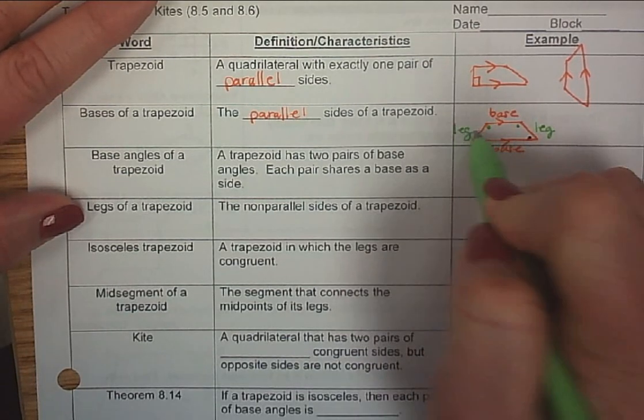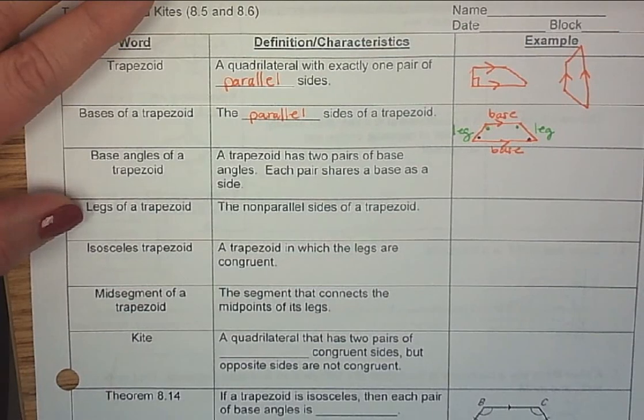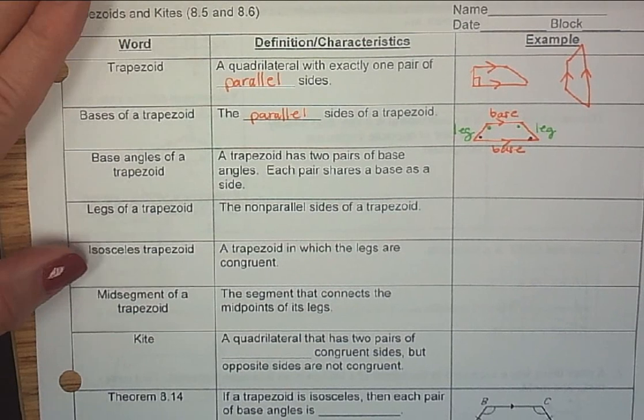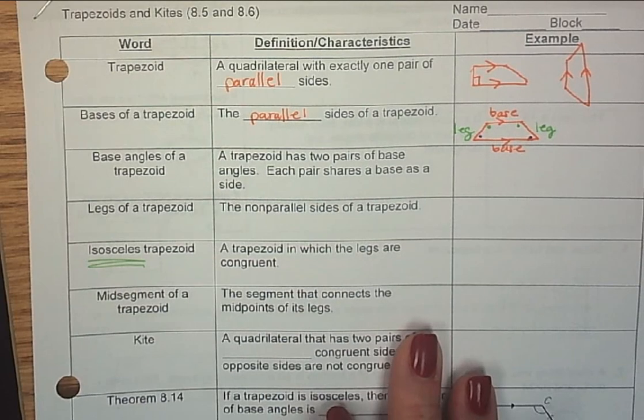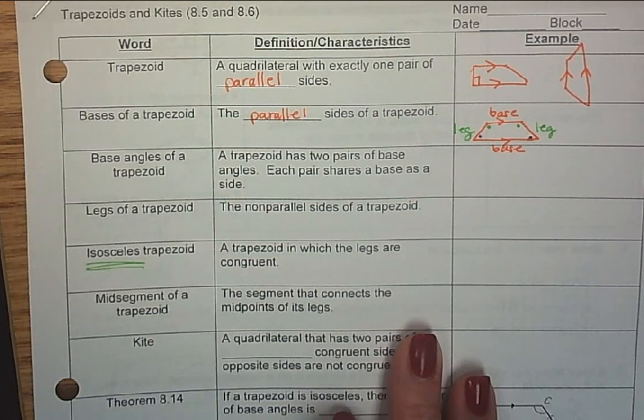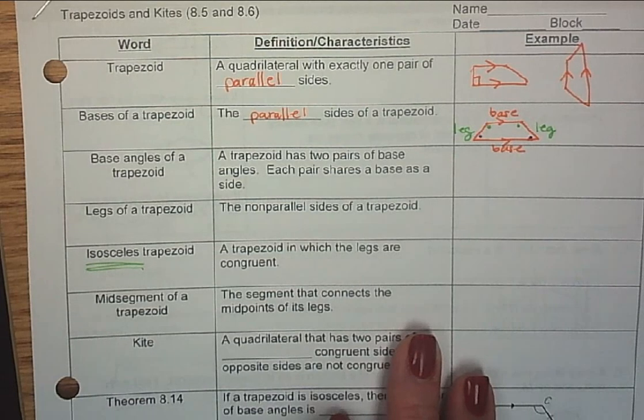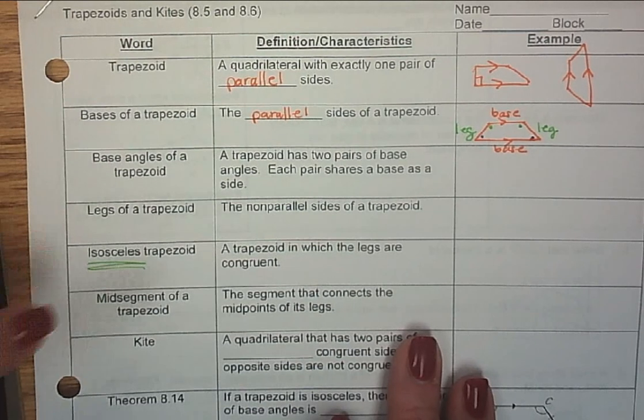Then we talk about our friend isosceles trapezoid. He is the trapezoid that we're going to focus on more so than anyone else because he's the one that creates all properties. Mr. Little Trapezoid by himself only has one pair of parallel lines. That's it. But when he becomes an isosceles trapezoid, now that's where my theorems occur because all these properties start occurring. So an isosceles trapezoid is a trapezoid in which the legs are congruent.